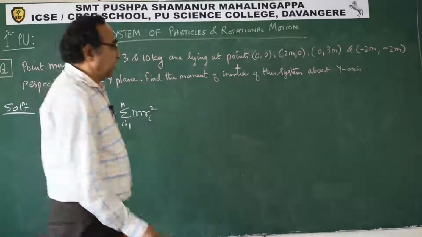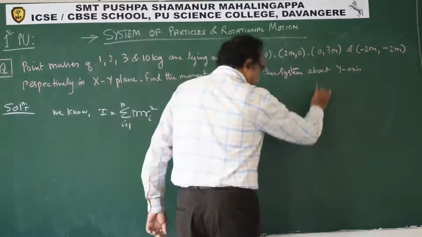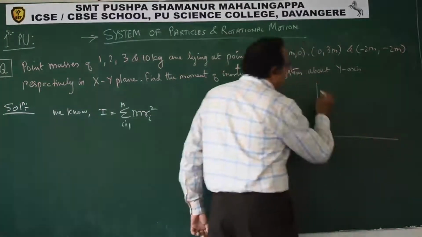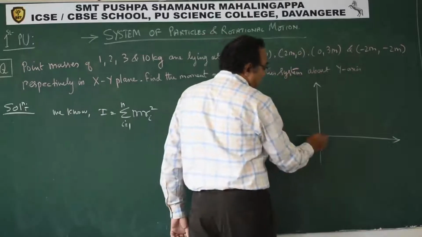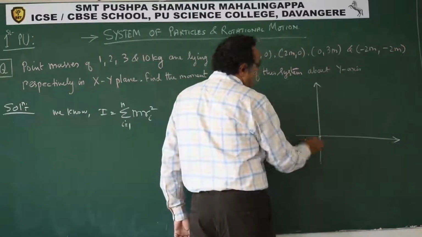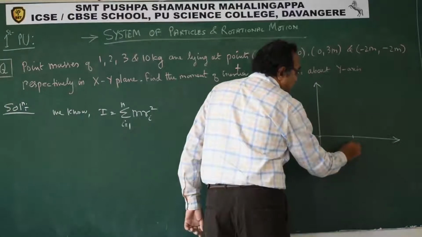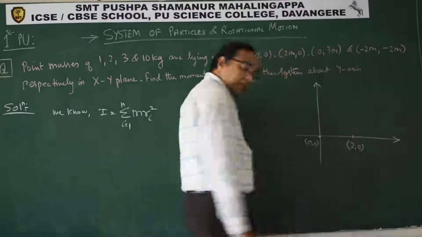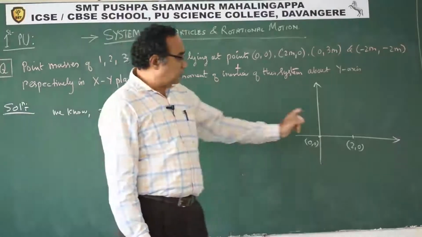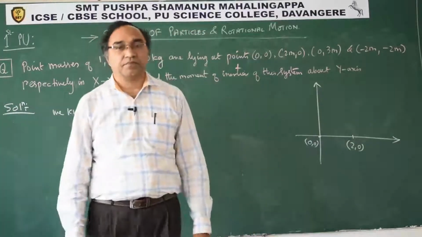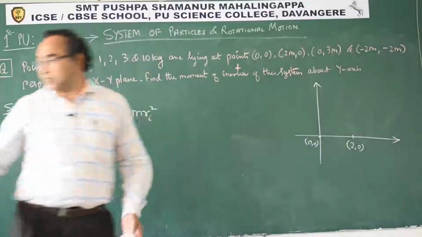In order to understand that, please take a rough plot. This point is (0, 0). This point is (2, 0). Now please tell me, what is the distance of this point from the y-axis?